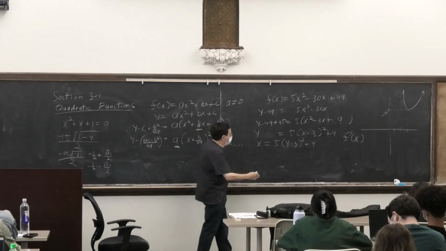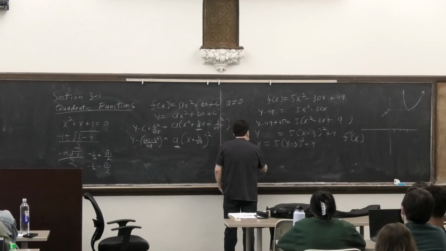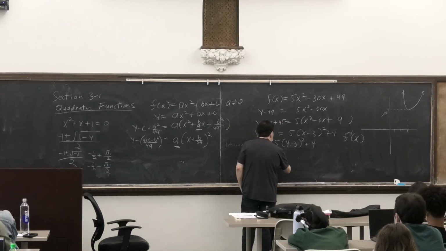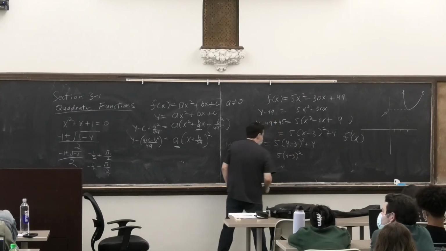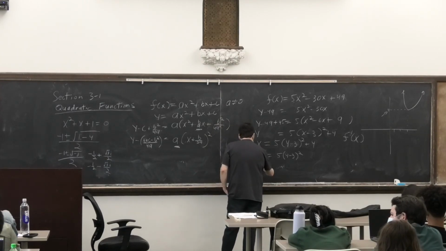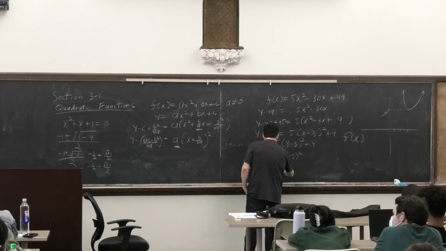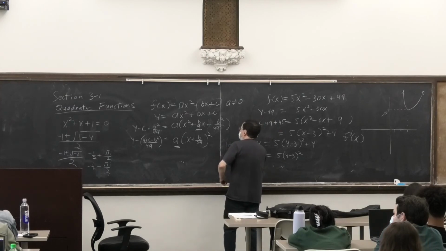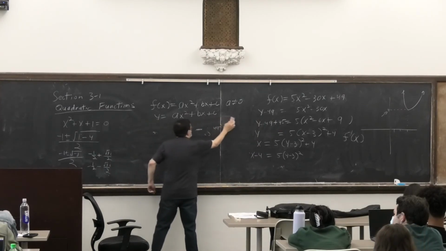So I've already done the hard work here by completing the square. So this becomes x minus 4 equals 5 times y minus 3 squared. We find the square root of both sides.